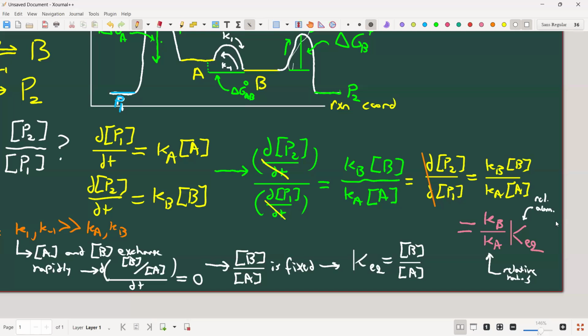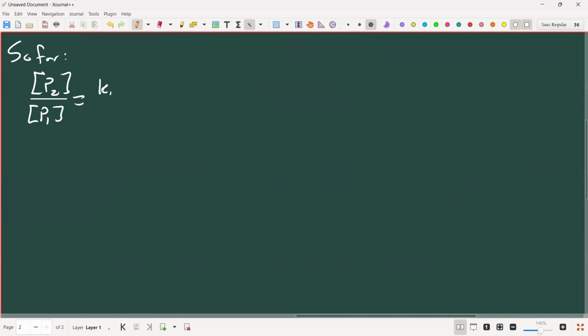Let's see what the consequences of that is. All right, so what we have so far is that the product ratio we see is equal to some rate relationship times an equilibrium constant.